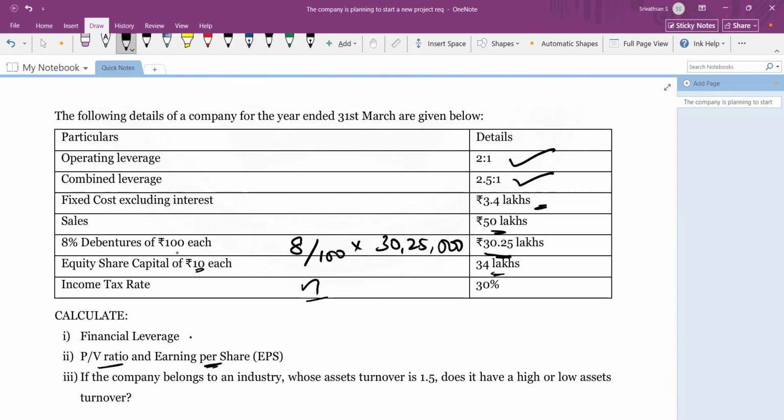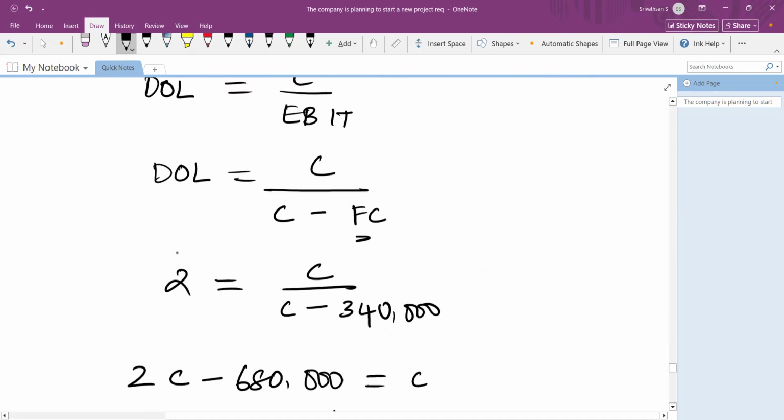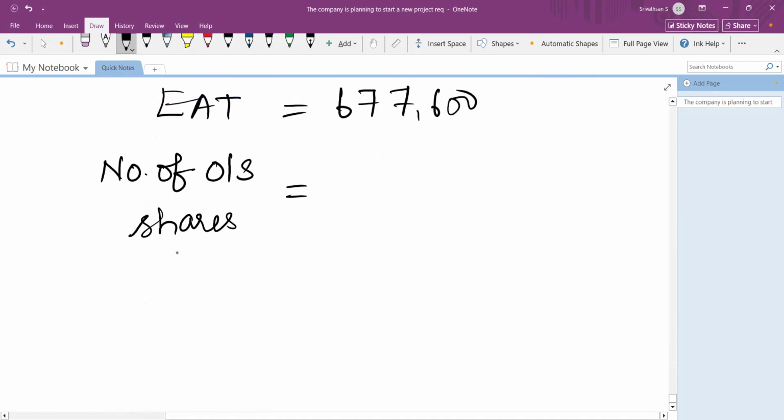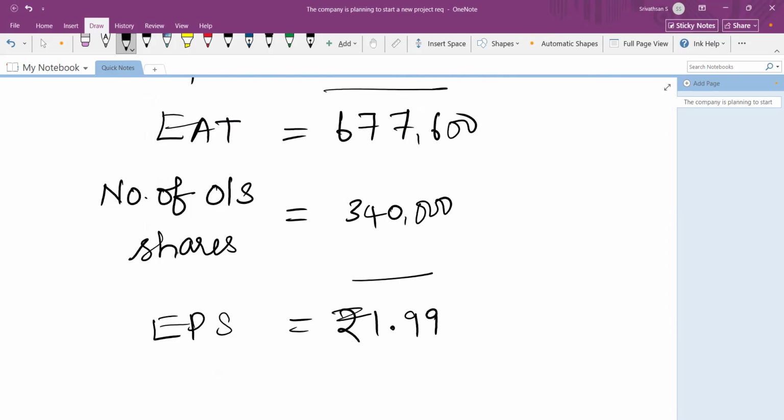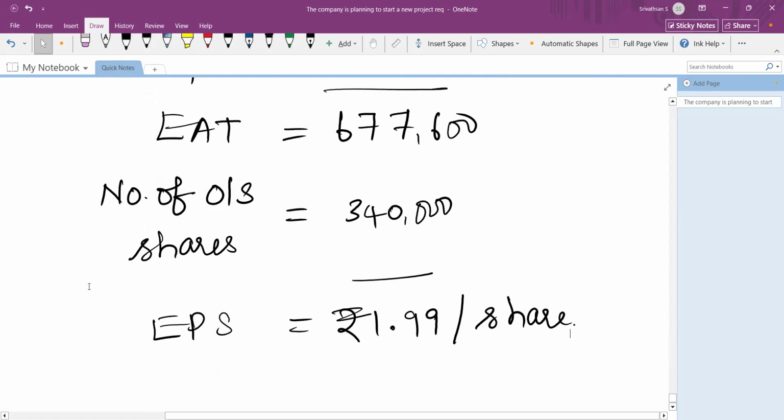So 34 lakh divided by 10, we get 3,40,000 shares. So 6,77,600 divided by 3,40,000, we get rupees 1.99 per share. So this is the amount of EPS.